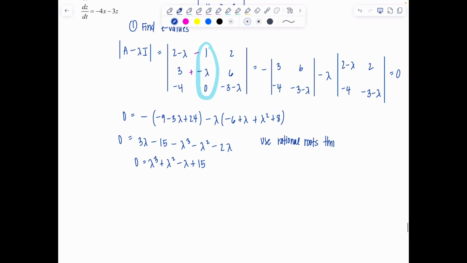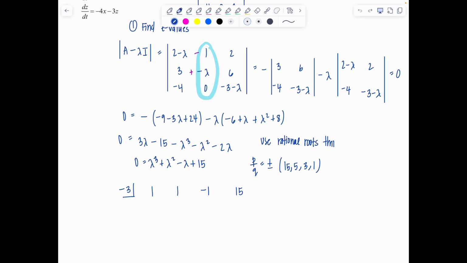No. So we have all of the factors of 15 over 1, plus or minus: 15, 5, 3, 1. How about negative 3? You want to try that? Sure. Okay. So 1, 1, negative 1, 15.